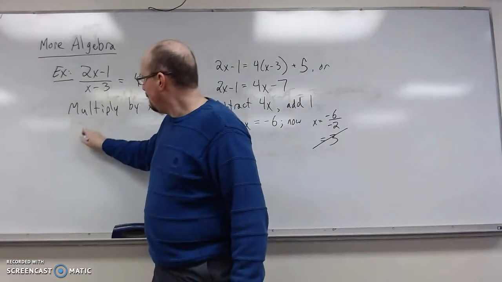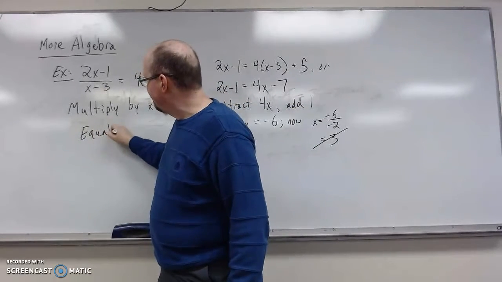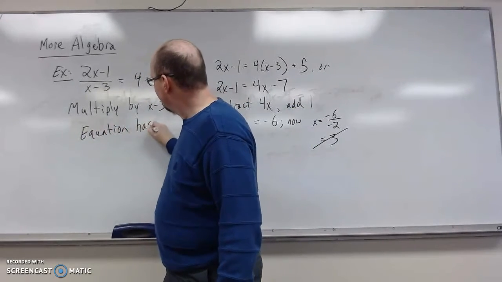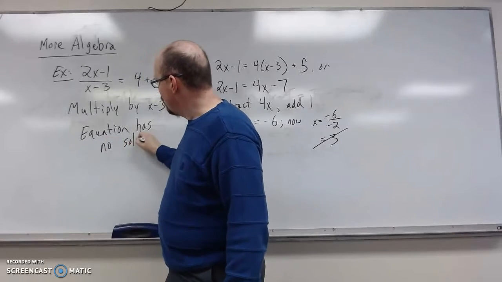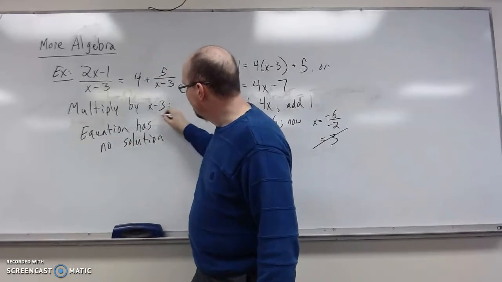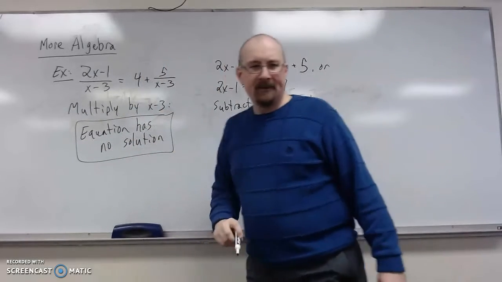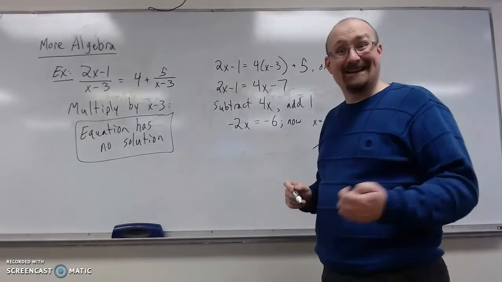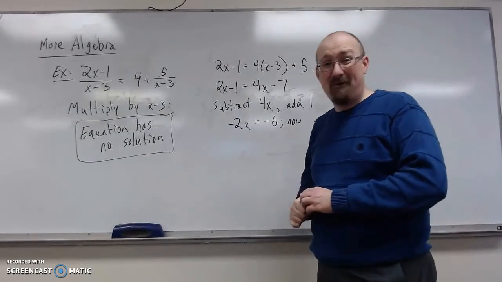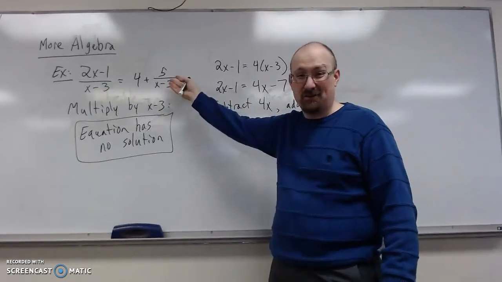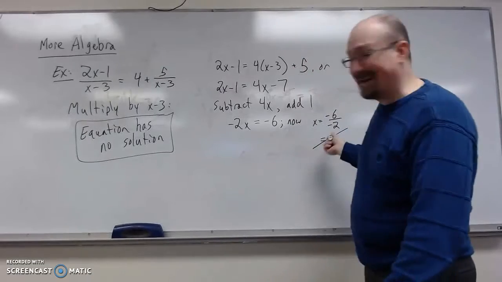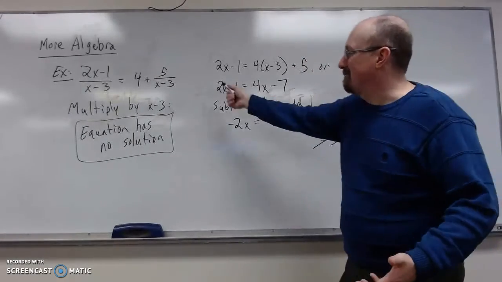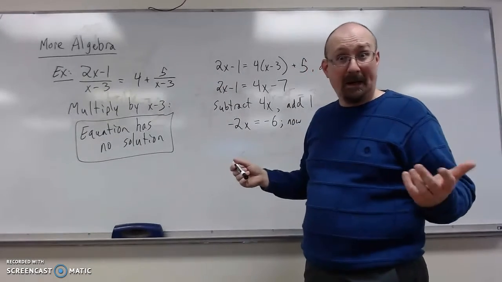So what we would end up saying is that the equation has no solution. And I'll put a box around that because that is in fact the appropriate answer. There is no value for x which will satisfy this original equation because the only candidate, so to speak, makes the divisions go kerblooey.